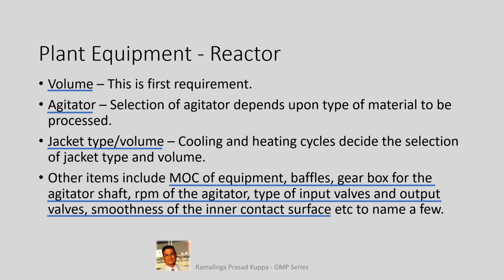Revolutions per minute, that is RPM, is decided as per the process requirement. Types of valves used and the smoothness of the contact surface of the reactor also have to be focused on while designing the reactors. See how much syllabus is prescribed for a reactor. So it is necessary to look into all these minute items for designing and qualifying the reactor.